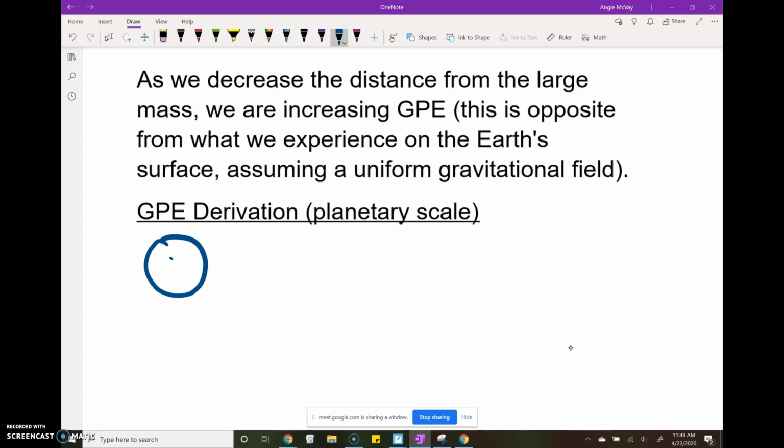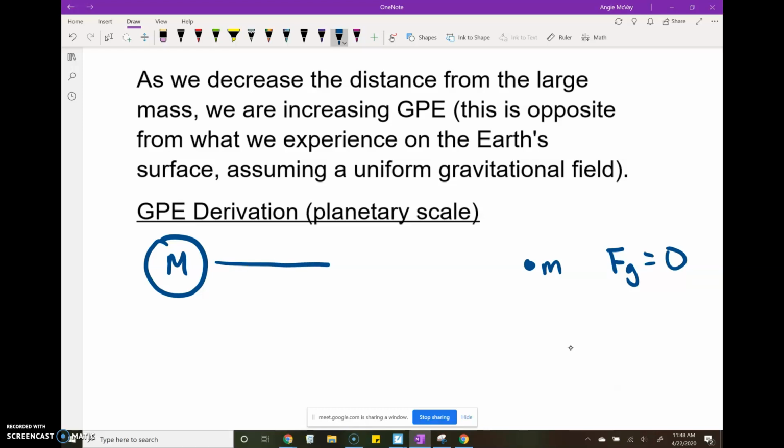Okay, so let's say this is the Earth, our big M mass, and let's say this is our smaller object, little m mass, and we want to put them so far apart that they're not significantly interacting with each other so that their gravitational force is effectively zero.